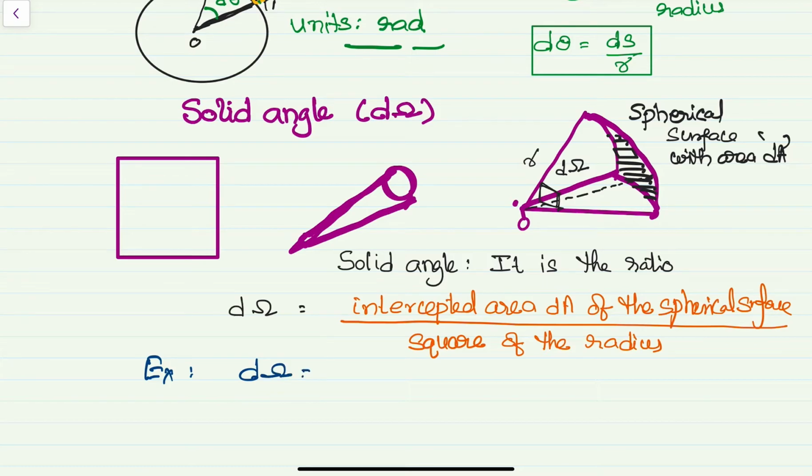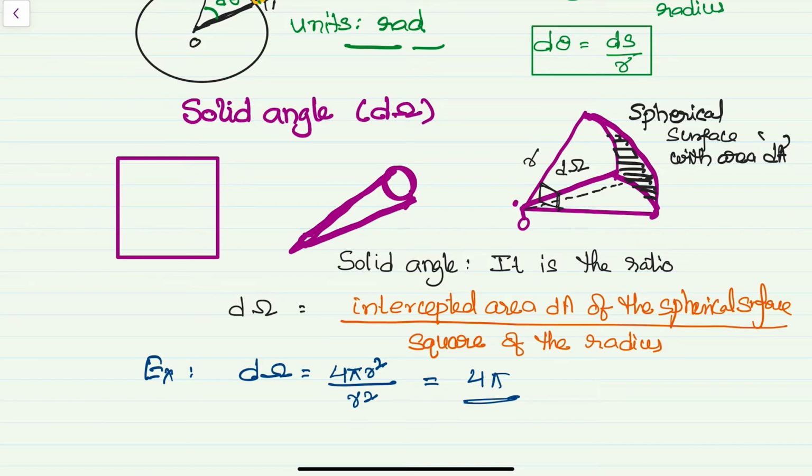Let's say a simple example. d omega is equal to the intercepted spherical surface area, 4 pi r square, divided by the square of the radius, r square, which comes out to be 4 pi. So now the solid angle is 4 pi.